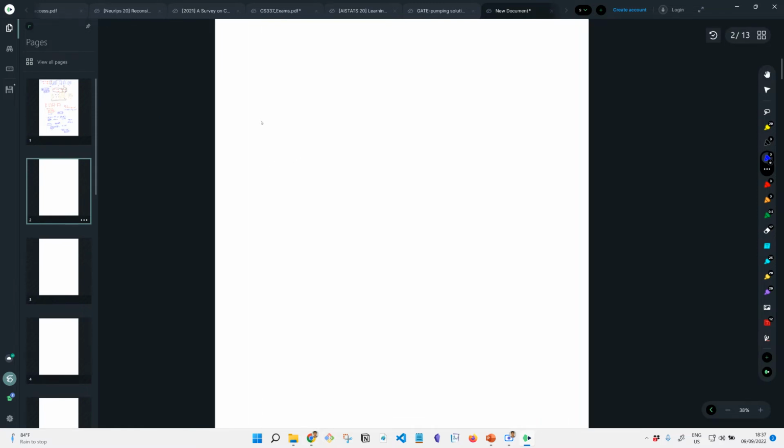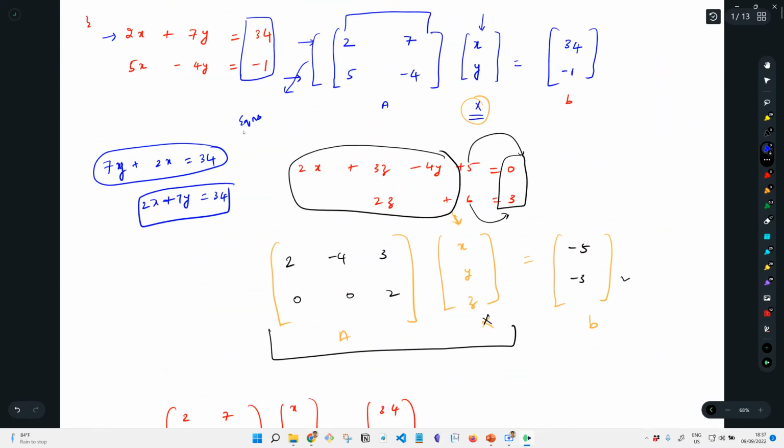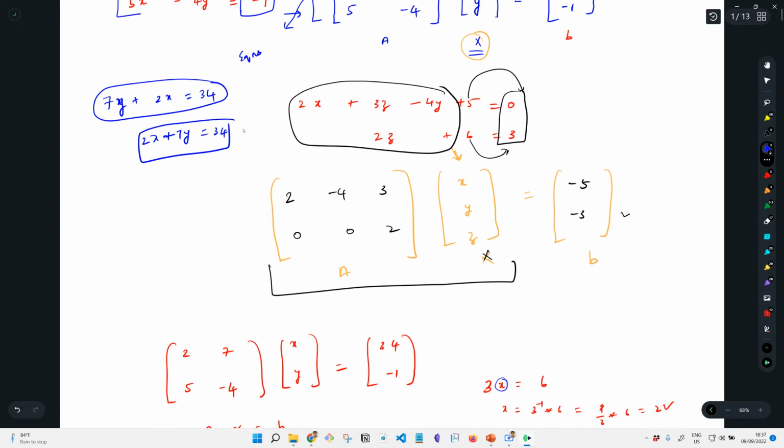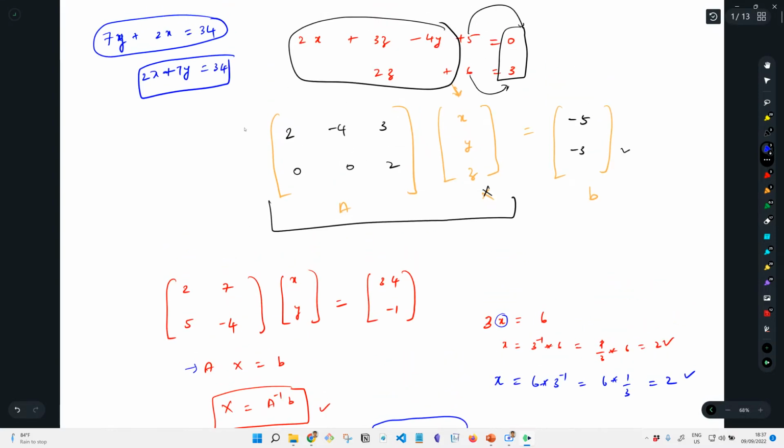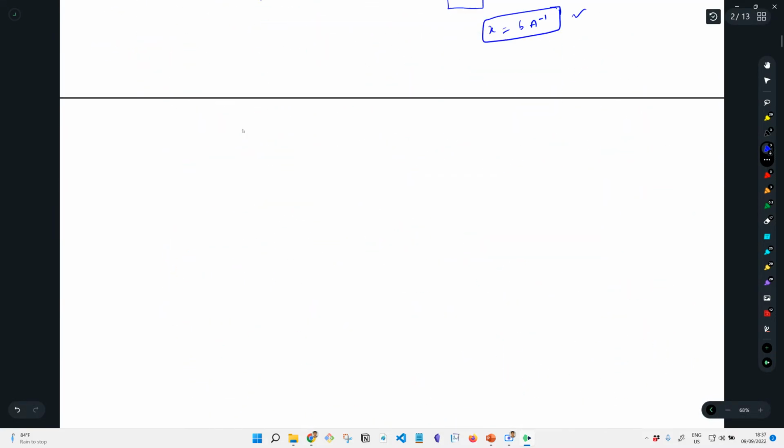So I think if the class is about solving a system of linear equations, we are mostly done, right? So what happened? You started with a system of equations, and we saw how to represent that in matrix format. That is Ax equal to B, and we know that given any matrix equation Ax equal to B, X is nothing but A inverse B. And I think all of us know how to invert a matrix, right?